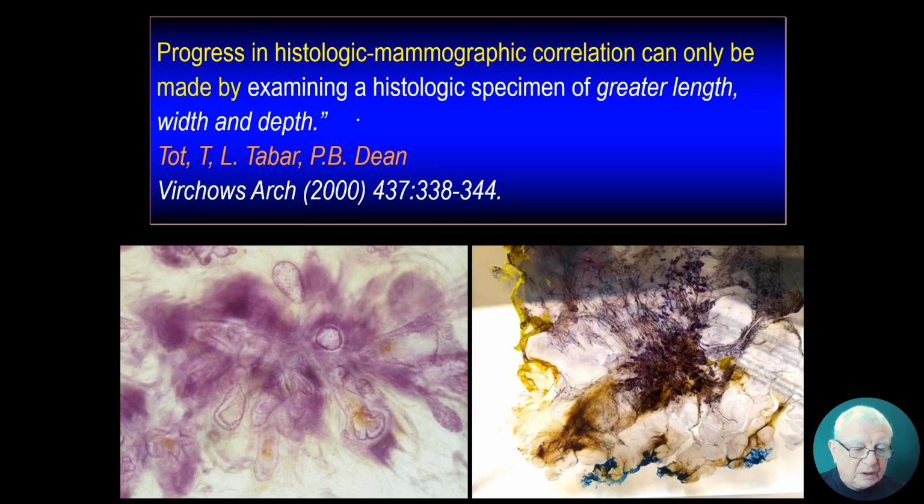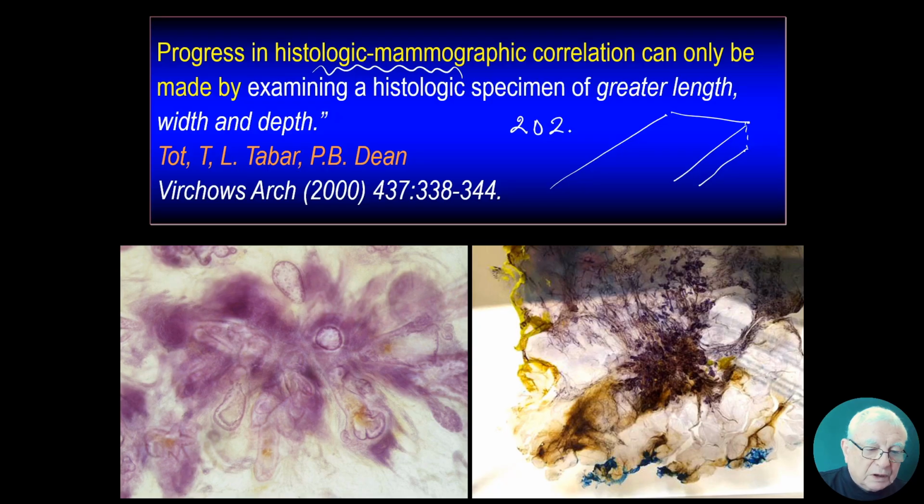We are absolutely convinced that progress in histologic mammography correlation can only be made by examining the histologic specimen in greater length and width, but also for teaching purposes, in depth. The date today is 2022, and we wrote this more than 20 years ago.